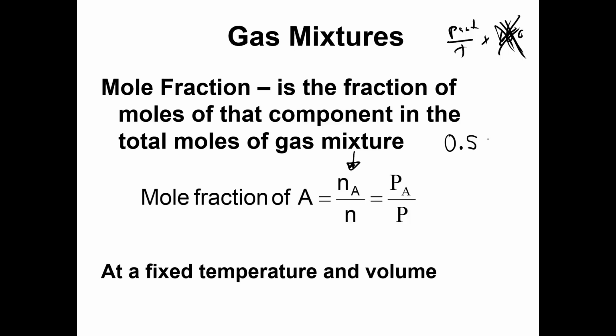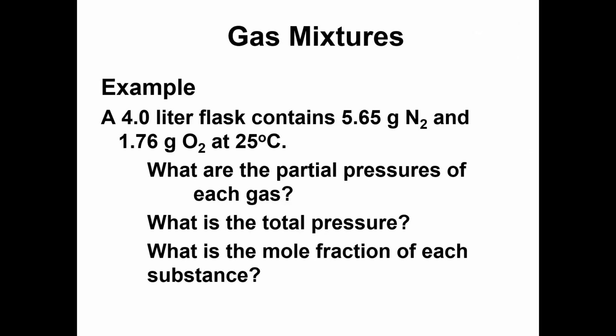So if that was the mole fraction, then that would be equal to the pressure fraction here, right? So 0.5 ATM would be the equivalent of 0.5 moles. And we can use that in mixtures of gases to determine the individual pressures and volumes of the components, right?